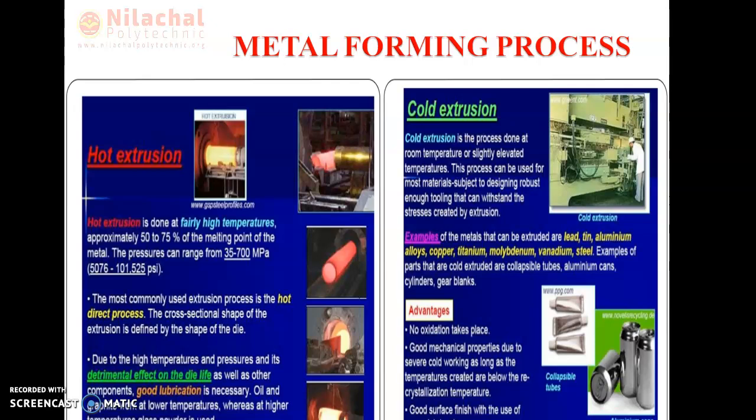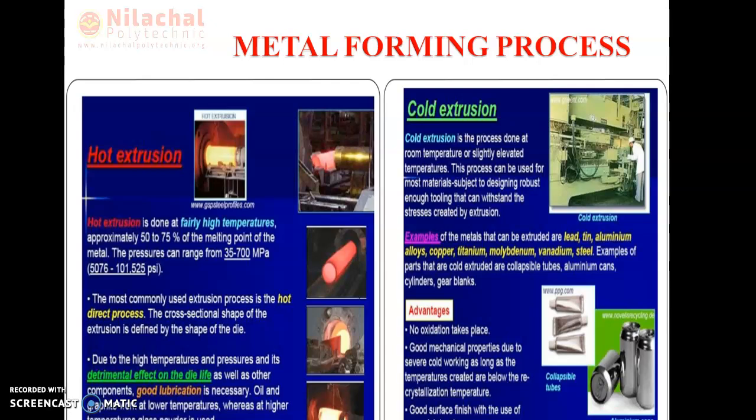That means we heat the work billet to its recrystallization temperature, which is 50 to 75% of the melting point of the work material, and thereafter we put it into the chamber and, with the help of the plunger, force it out through the die. So heavy reduction can take place due to the increase in ductility and reduction in strength.